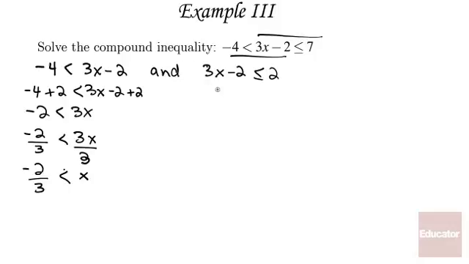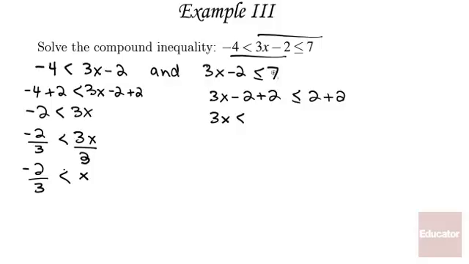For the second inequality, I'm going to add 2 to both sides. Which is going to give me 3x is less than or equal to, oh, that's actually 7.